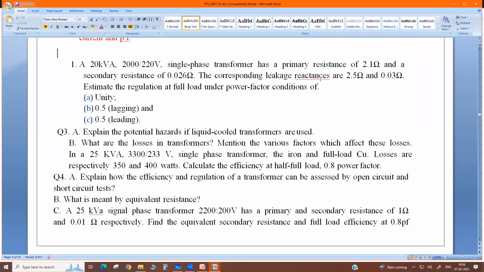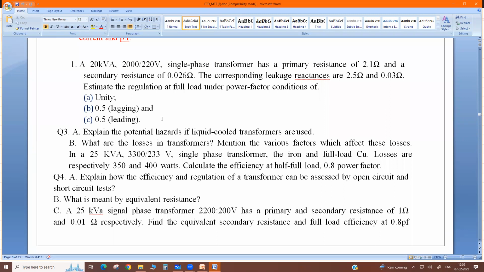Now you calculate the regulation for unity power factor, lagging and leading power factor. First calculate the total equivalent resistance and total equivalent reactance as referred to the secondary side, because the turns ratio you can calculate from this. Please try yourself, definitely you can do it.